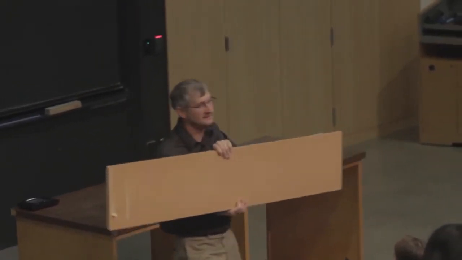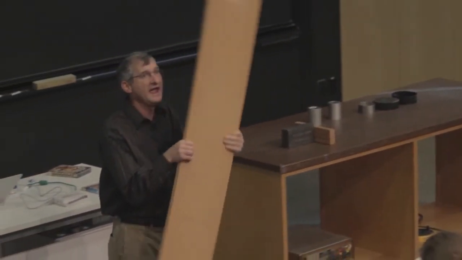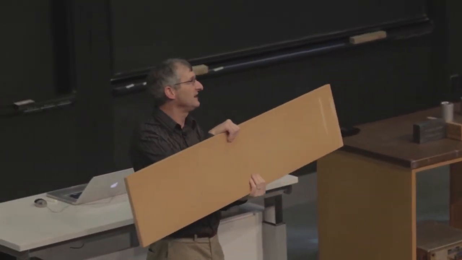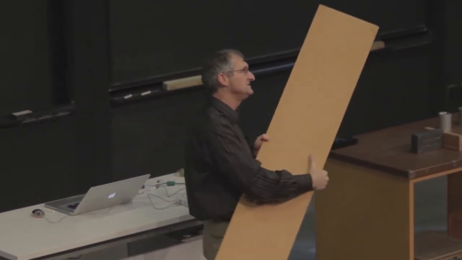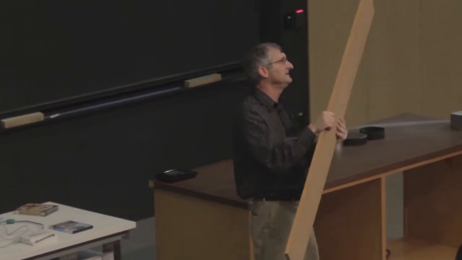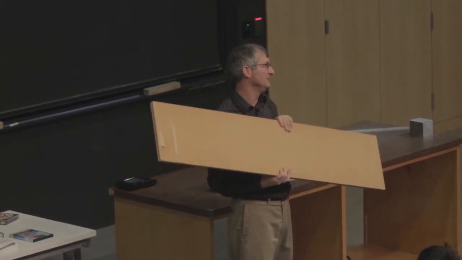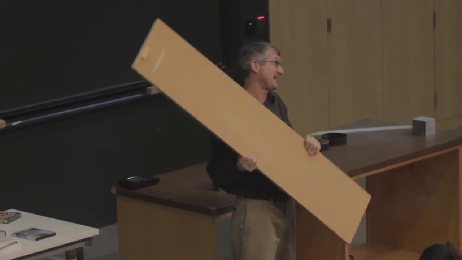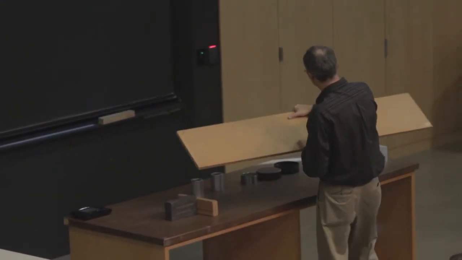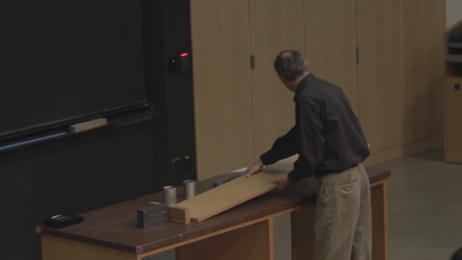So the translation is irrelevant. All points on a rigid body rotate the same. And it's not about just the center of mass. It's just the same. Okay? Good. I knew that one would come up.